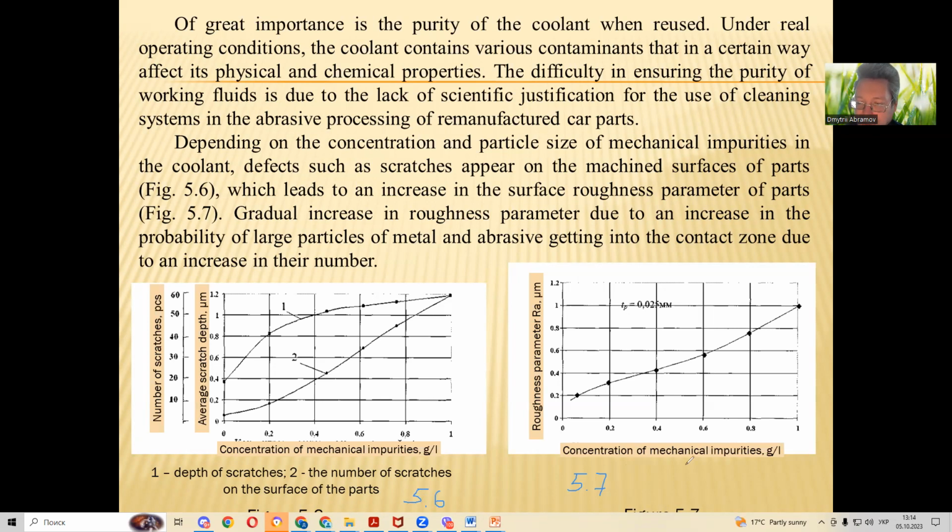Here is the concentration of mechanical impurities in grams per liter and the roughness parameter: when concentration is increased, the roughness parameter increases too. Write down these two figures in your notes.